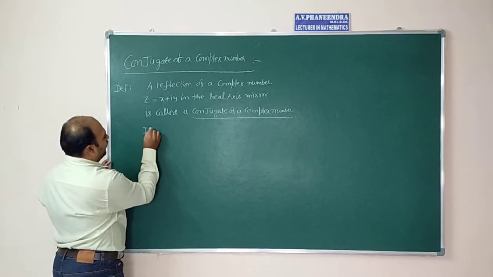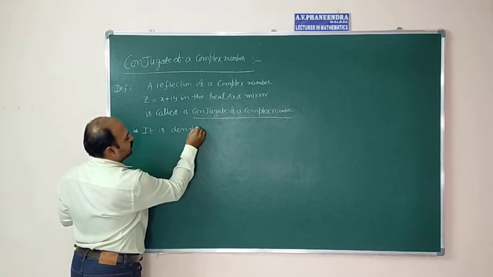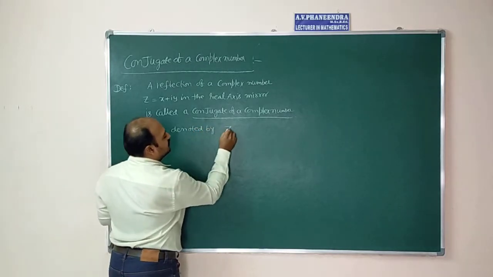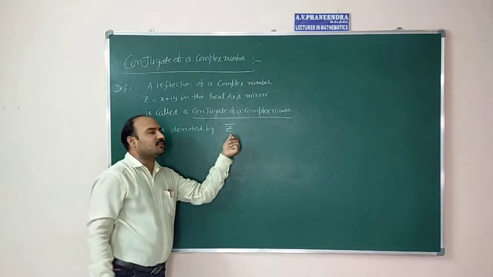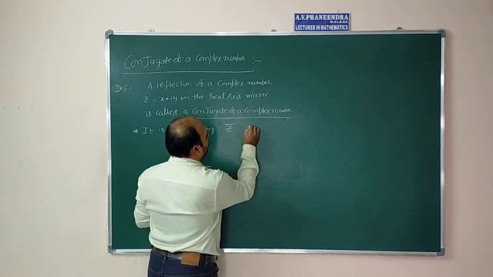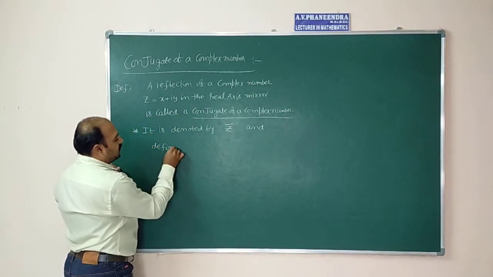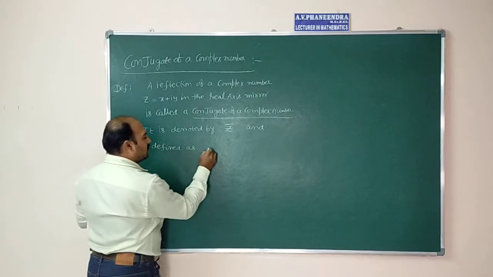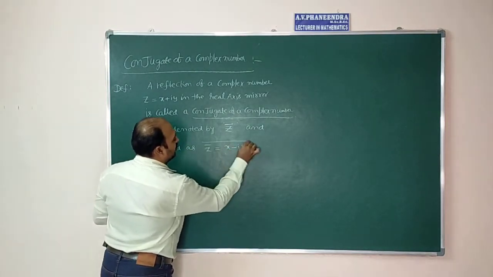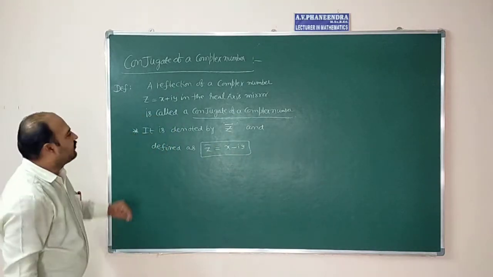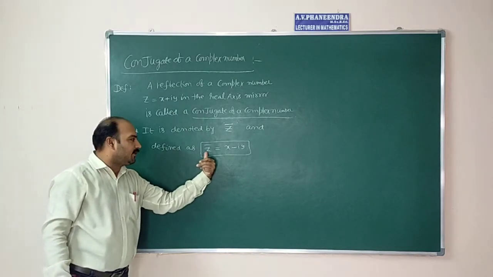It is denoted by z bar. The conjugate of a complex number is denoted by z bar and defined as z bar equal to x minus iy. This is the complex conjugate. If the complex number is z equal to x plus iy, its conjugate is defined as z bar equal to x minus iy.